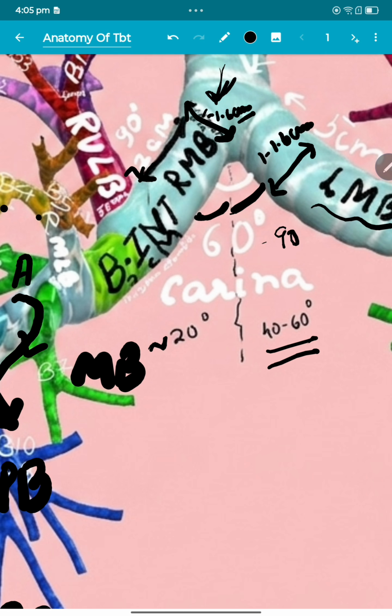Its length is approximately 2.5 centimeter, and the diameter is approximately 10 to 12 mm, about 1.2 centimeters.